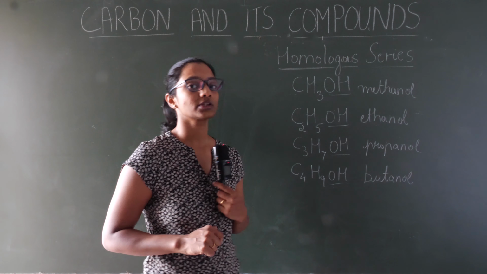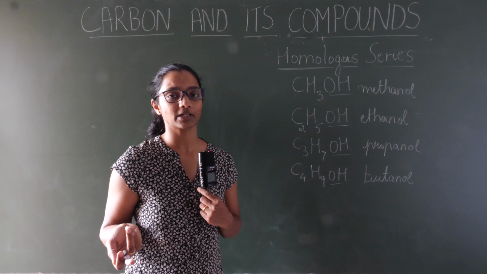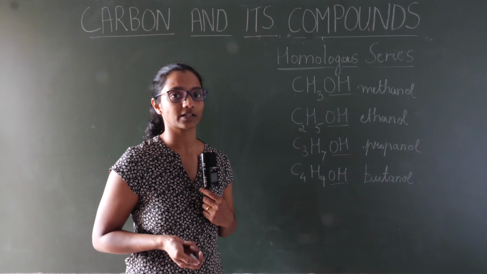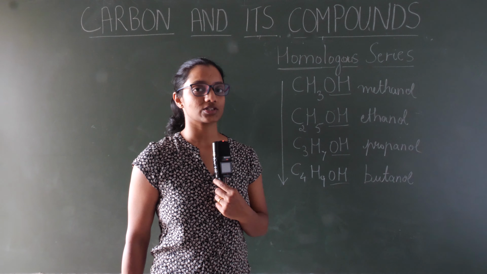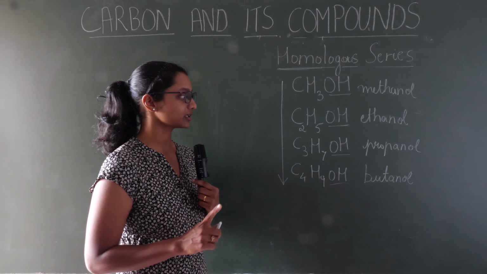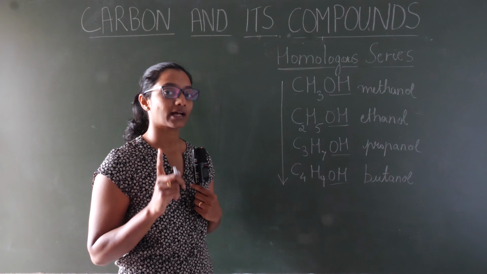Also the solubility, a physical property, will be affected. There is gradation from small compound to large compound, changes in a sequence, and also changes in the solubility. But remember that the chemical properties remain the same irrespective of the size of the compound, because the functional group is the same. So just remember these key important points.